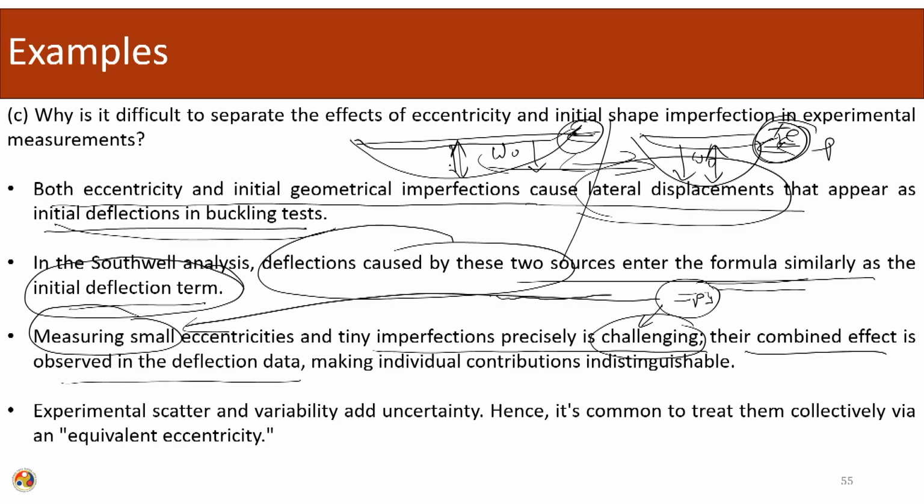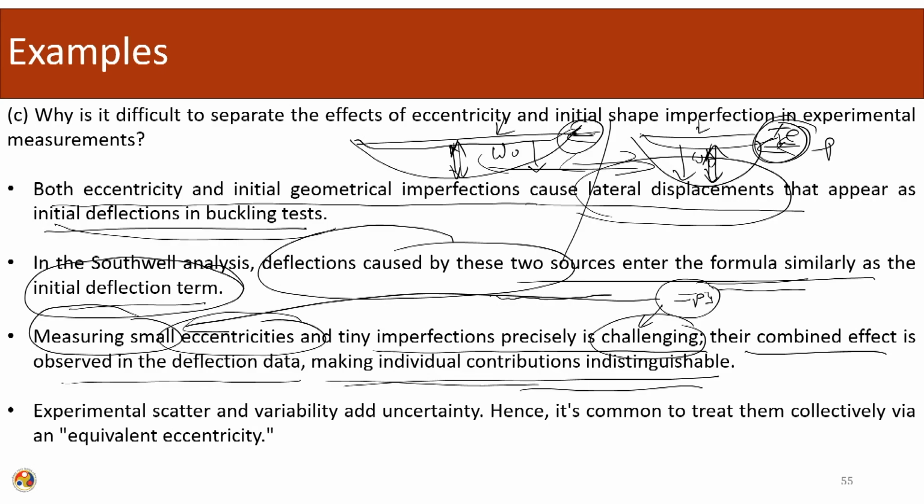Whatever the deflection data is, it is the observation due to these two separate phenomena, and separating them out becomes indistinguishable. Since these things are very small on the surface, and given how they have been caused, either by imperfections or by eccentricity, separating them out is a very challenging task.